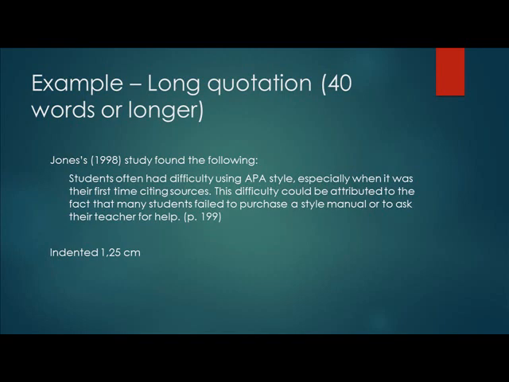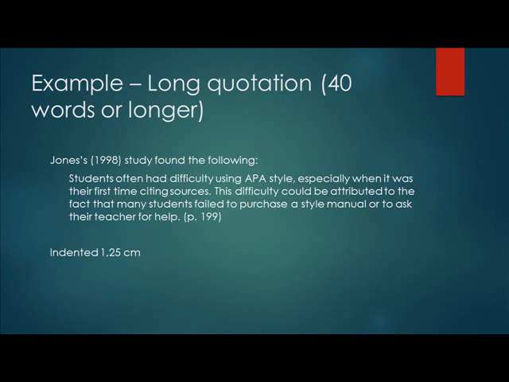You see here that Jones' 1998 study found the following. That comes like directly from your whole text. So that's where your text ends. And then you take a new line, as you would start a new paragraph. You indent that line. And then you start writing the quotation.